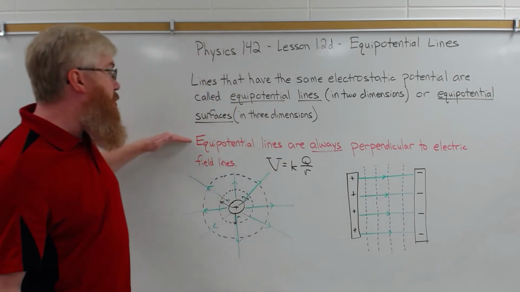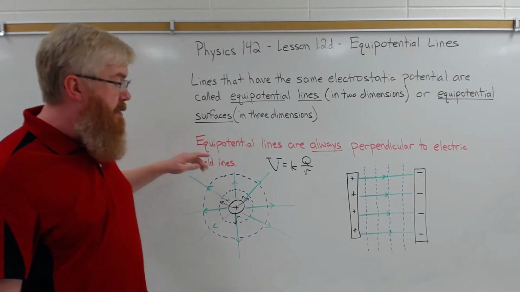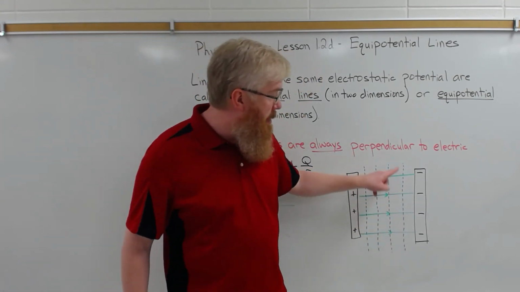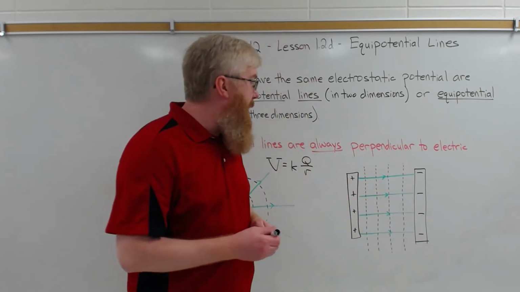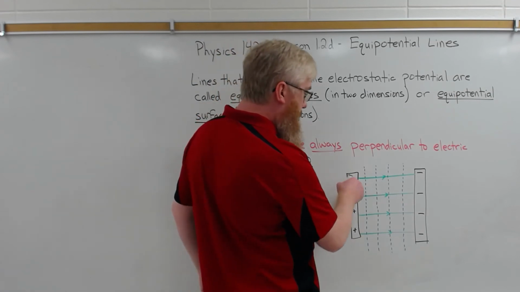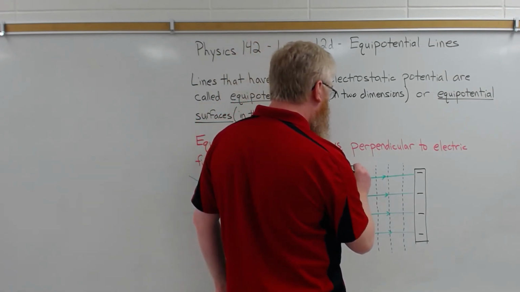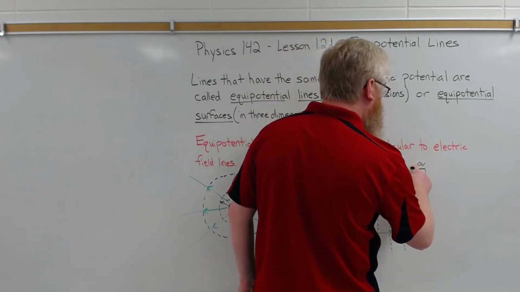And since equipotential lines are always perpendicular to electric field lines, I drew in the equipotential lines in blue. So one way to think about it is if this is at plus 5 volts, and this over here is plus 0 volts, which is 0 volts.